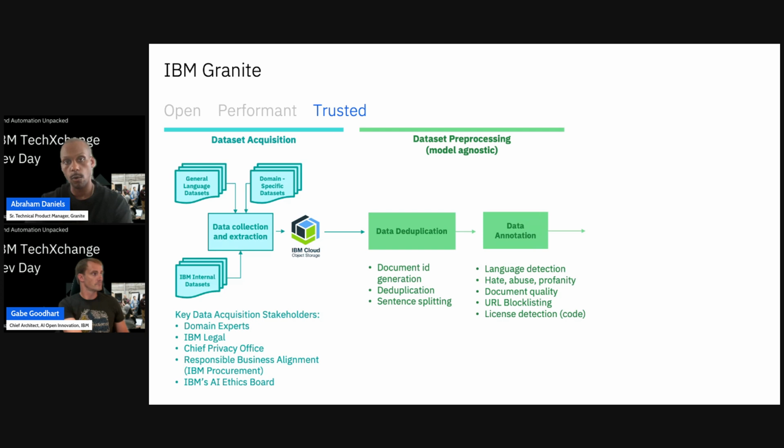Once we've identified and acquired the data, there's a robust processing pipeline where data is annotated. As part of this, we really focus on language detection, HAP, as well as document quality. A key item is ensuring that we align with crawling guidelines via URL block listing. And then lastly, as a final stop, we really focus on license detection.